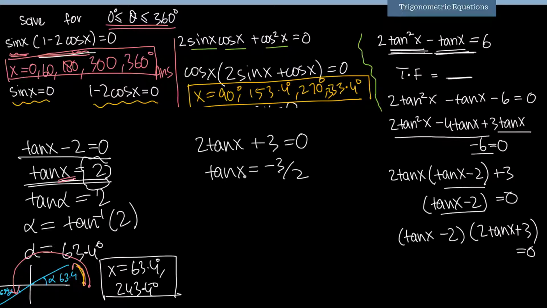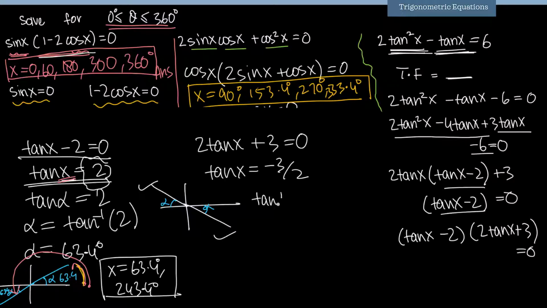Now for the second equation, tan x is equal to minus 3 upon 2. If I draw my four quadrants, over here the tan function is negative, and that's in these two quadrants. So I'll draw a line here and a line here. The reference angle is always measured from the x-axis. So this is going to be the first and this is going to be the second reference angle. To find the reference angle, I'm going to replace x by alpha.